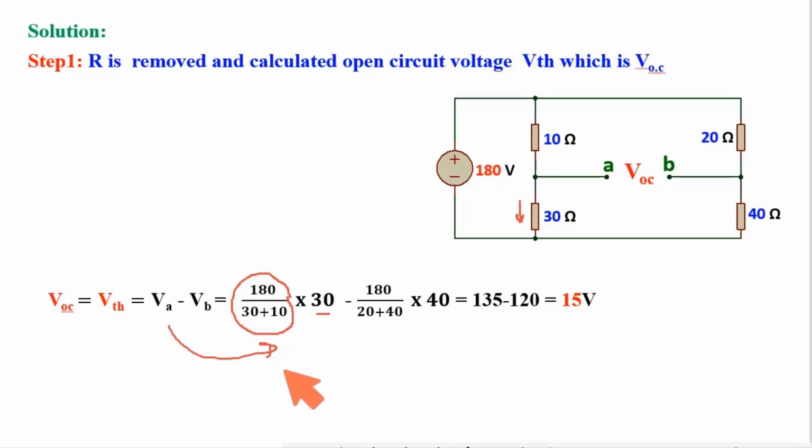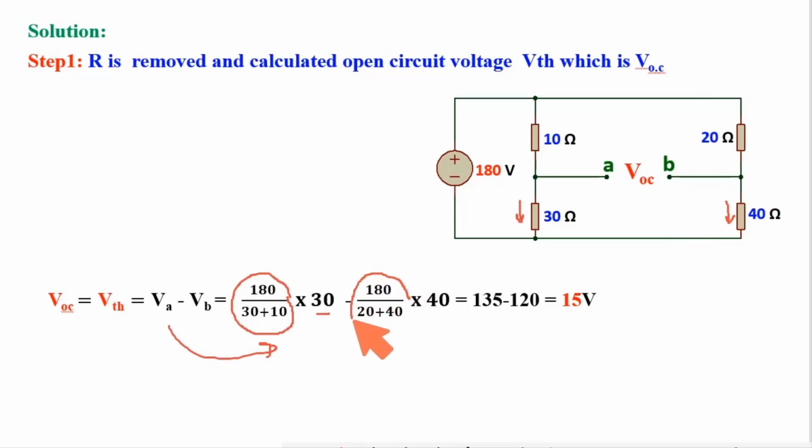So this is VA. Now what is VB? Similarly, VB is the potential across this 40 ohm resistance, the multiplication of 40 with the current flowing through the 40 ohm resistance. From this loop, the current is 180 divided by the full path resistance, that is 20 plus 40.